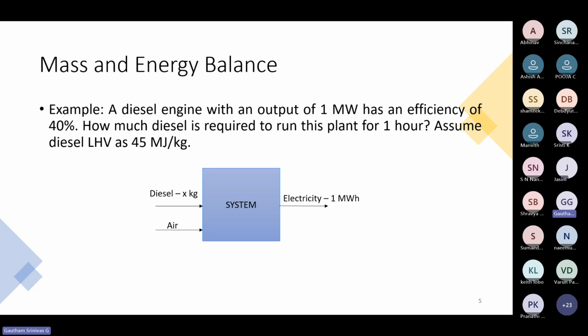Yes, so 3600 megajoules. So 1 kg of diesel produces how much? 18 megajoules. So you need at the output 3600 megajoules.